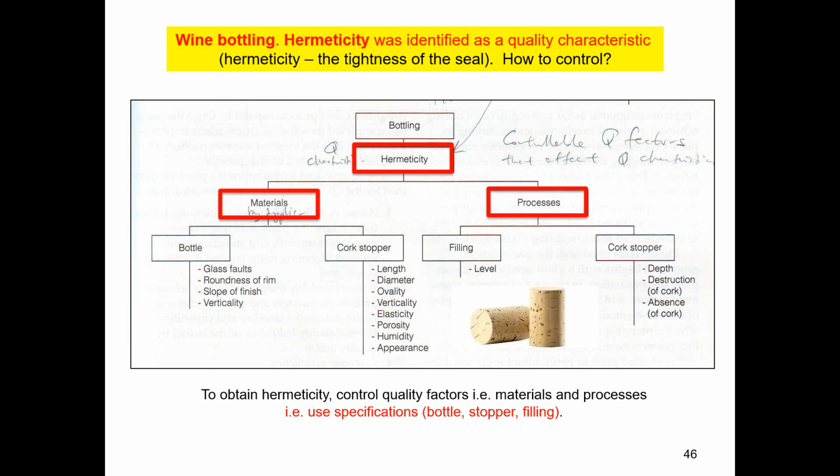How tight is the sealing, because this will determine the safety of the bottles. So they have to consider the hermeticity, and they have to figure out how to control it.